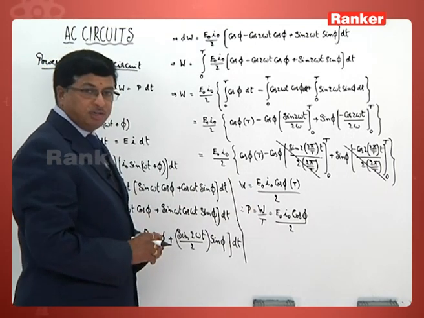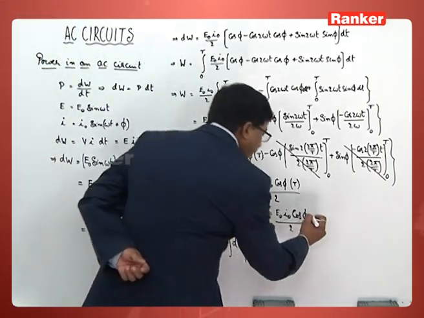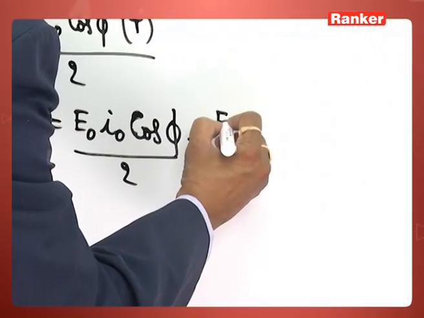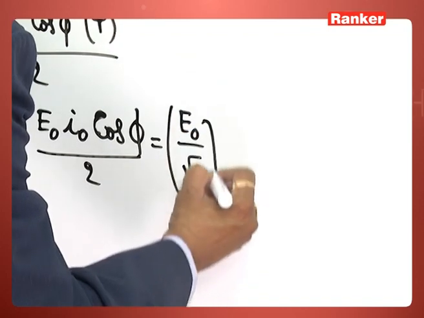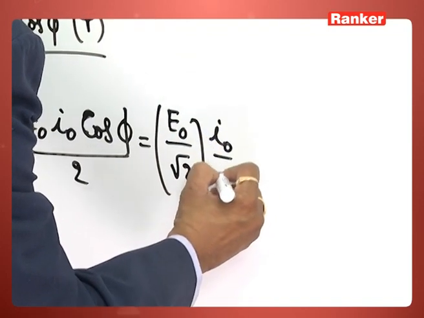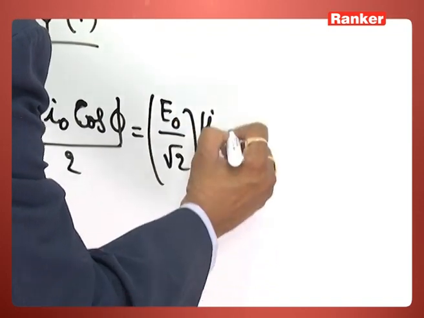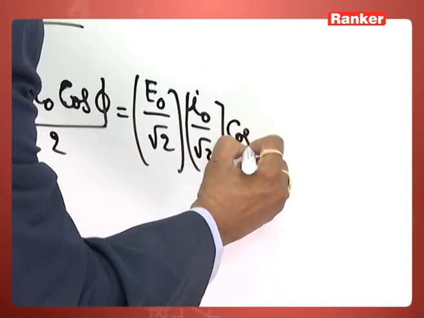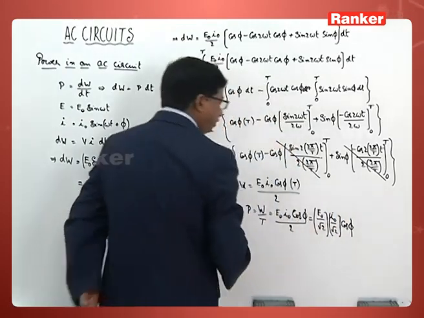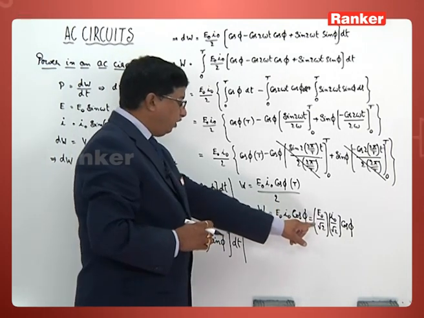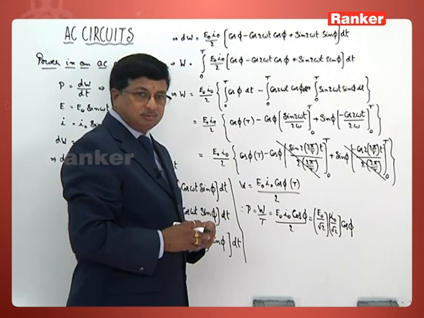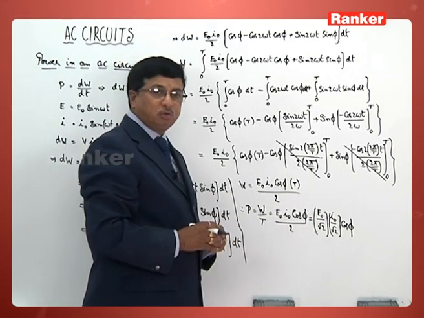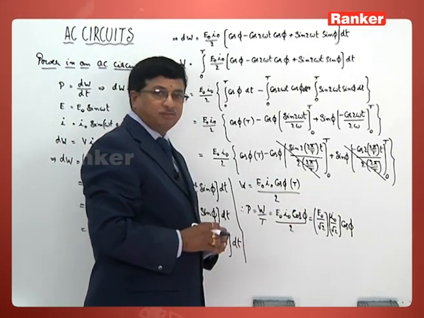The same equation we can even rewrite like this: E naught by root 2 into I naught by root 2 into cos phi. One can straight away understand E naught by root 2 is ERMS. I naught by root 2 is IRMS.